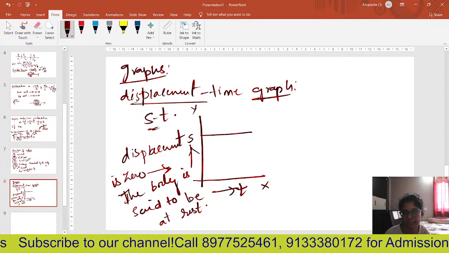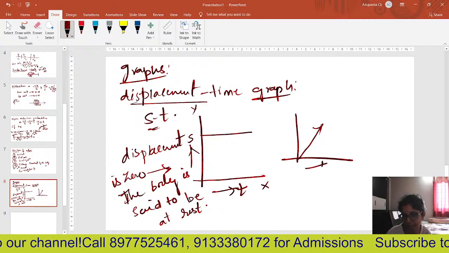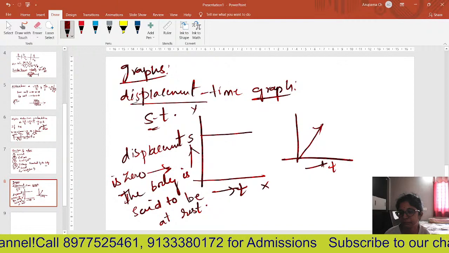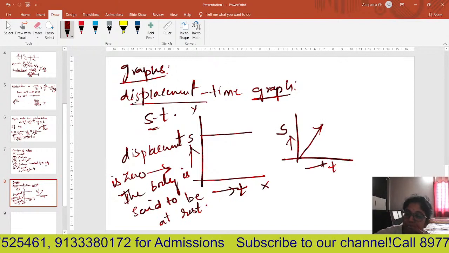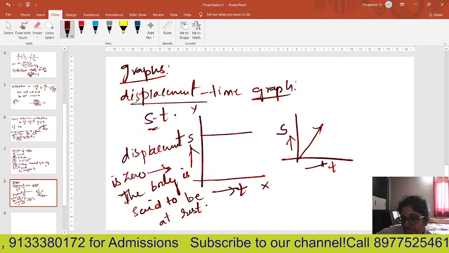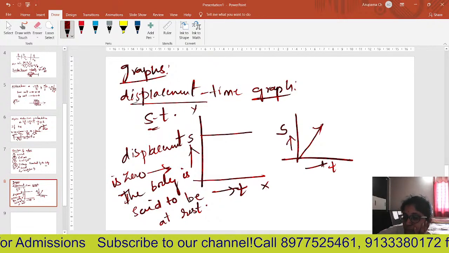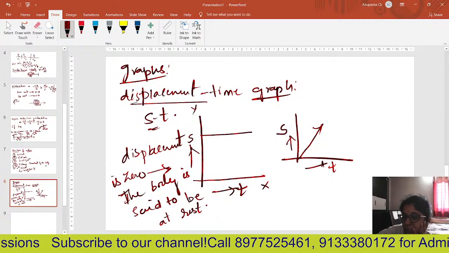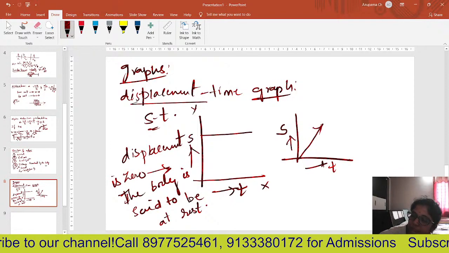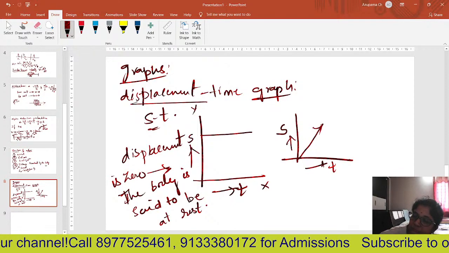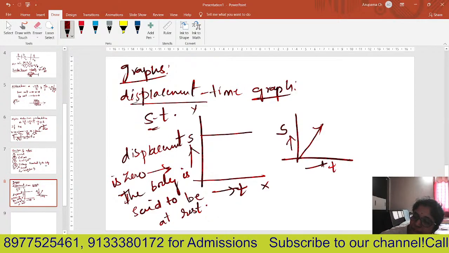Another graph, same displacement time graph only. If I draw like this, what does this mean? Tell me. No one?